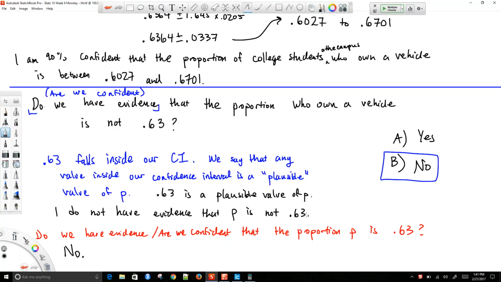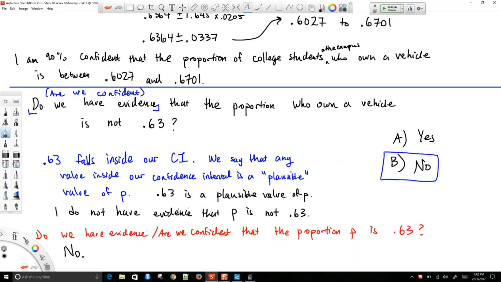Is it exactly 0.630000 with an infinite number of zeros trailing that 3? And the answer is no. That would only happen if the population is a nice multiple of 100 and the number who own a vehicle is an exact multiple of 63 or something.